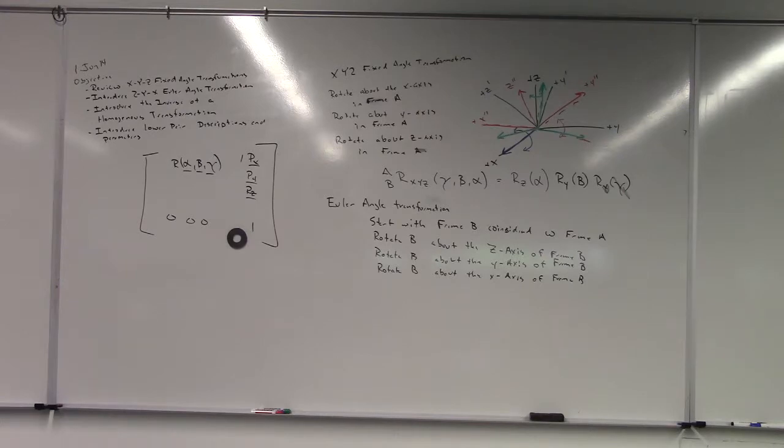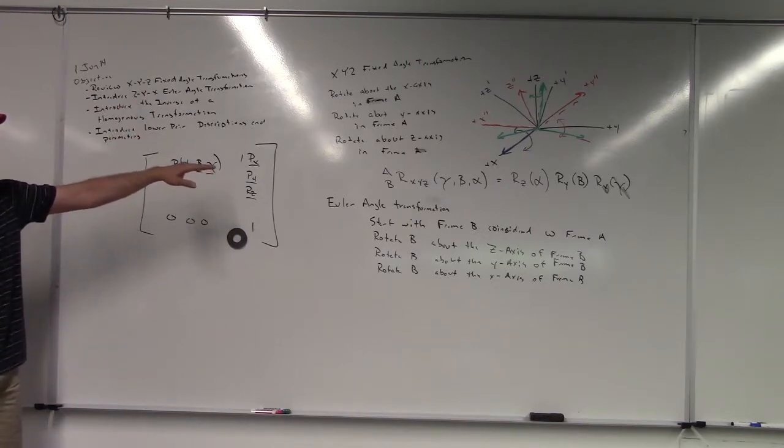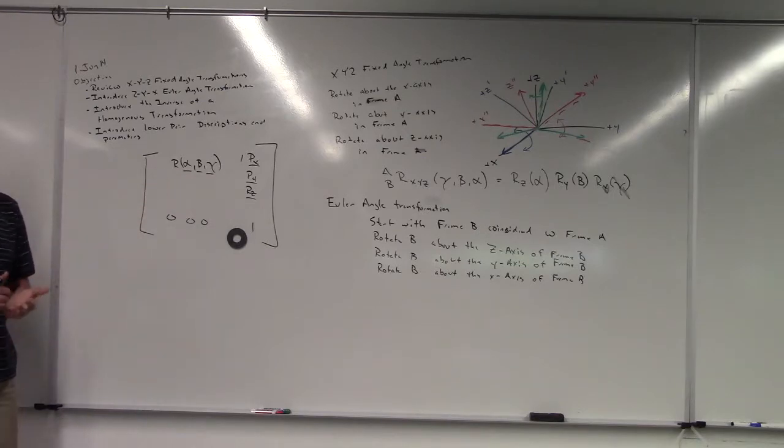So the big reason why we would define these transformations is hopefully to get to the point where we can reduce the number of parameters that we're using to describe each of the joint and link combinations.